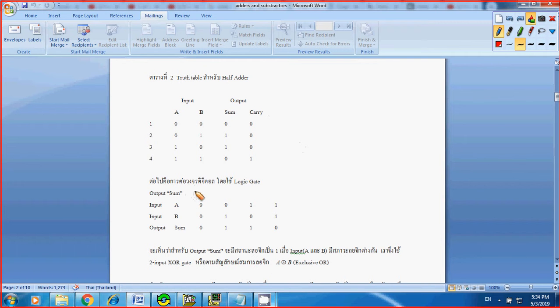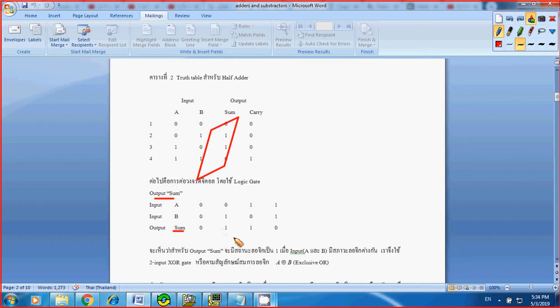Next, we're going to draw the digital circuit by using basic logic gates, in this case the OR gate and AND gate. You take a look at the output sum, when you have input A and input B, and your sum is going to correspond to inputs A and B, the same as in the truth table here.